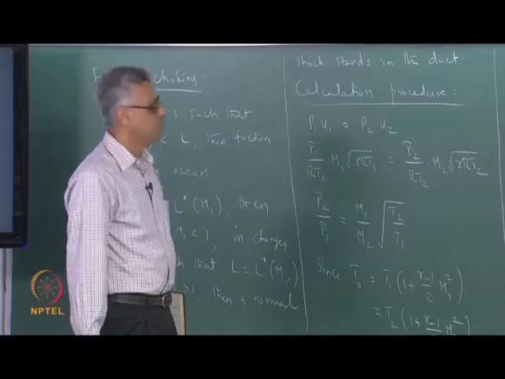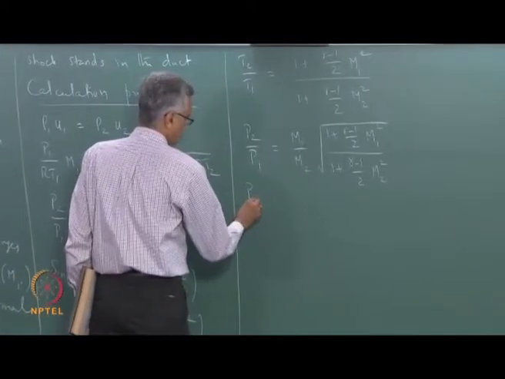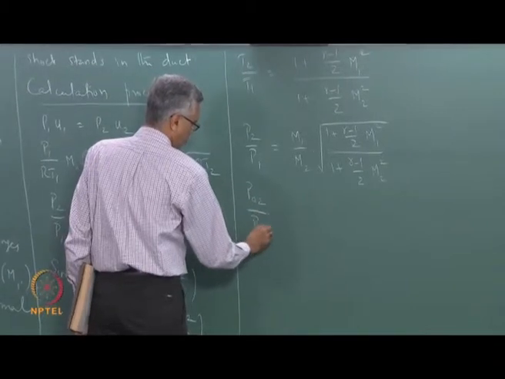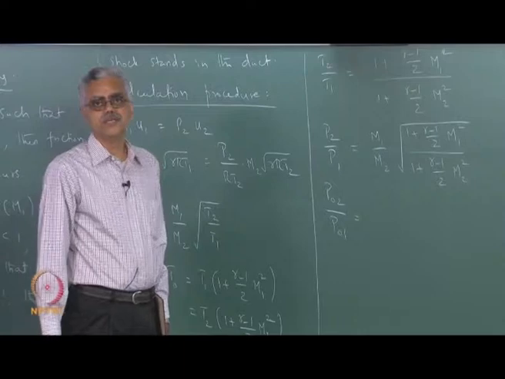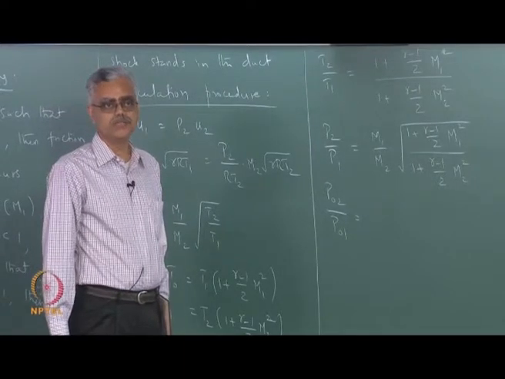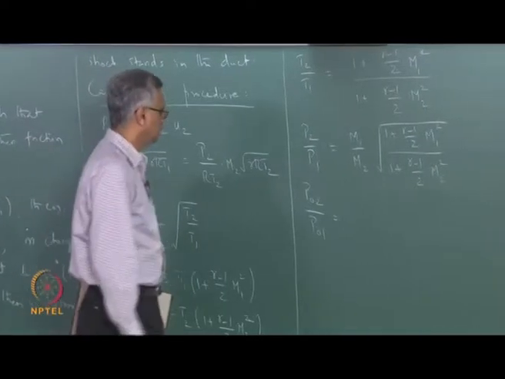And I can write P02 over P01 in the same way as we did earlier. So, P02 over P01. Remember, this is a flow with friction, which is an irreversibility. So, the entropy increases and there is a loss of stagnation pressure as a result of the increase of entropy.